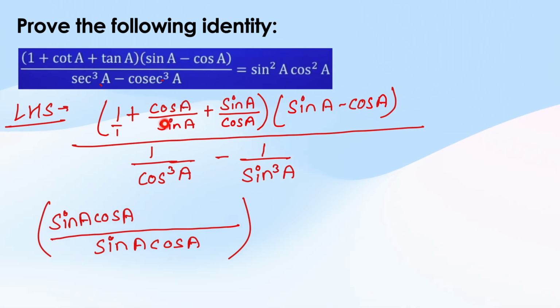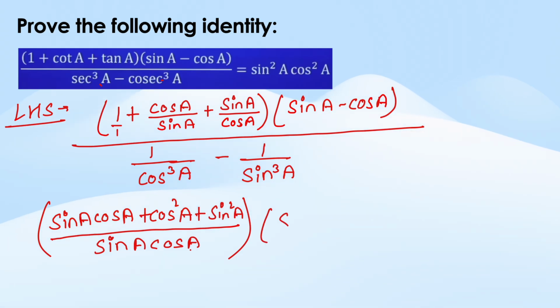See, sine A is becoming sine A cos A. It means what is being multiplied? Cos A, right? Because if I multiply cos A to sine A, then only it will become sine A cos A. I am multiplying cos A here, so in the numerator as well multiply that. So it will become cos square A. Cos A being converted to sine A cos A, it means sine square A. Clear? The next term will be as it is, sine A minus cos A.